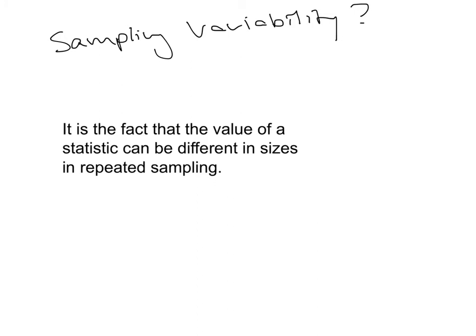This is going to be a pretty definition heavy video, but if we apply those definitions to the examples, it will make everything a lot more clear. So sampling variability is the fact that the value of a statistic can be different in repeated sampling.